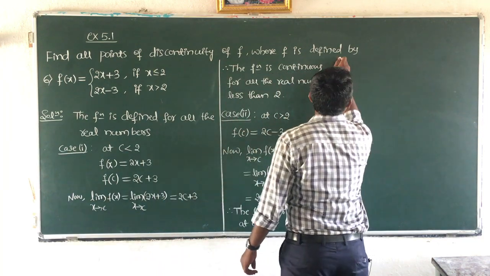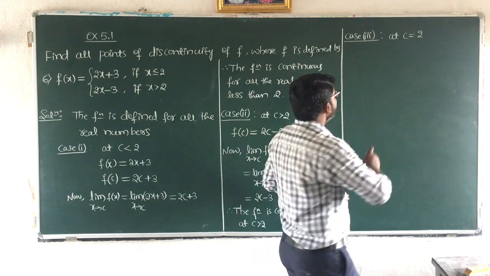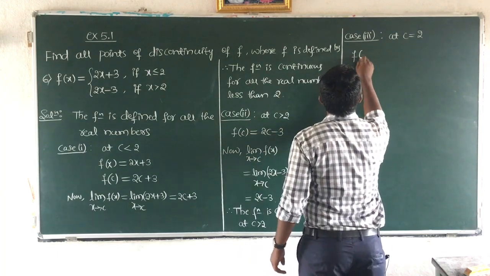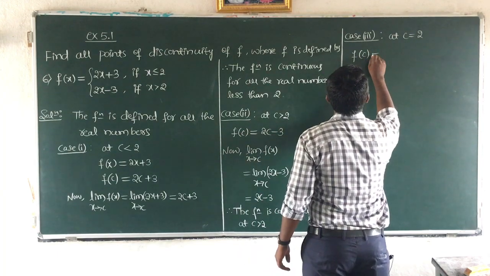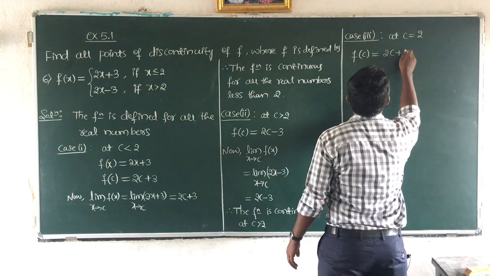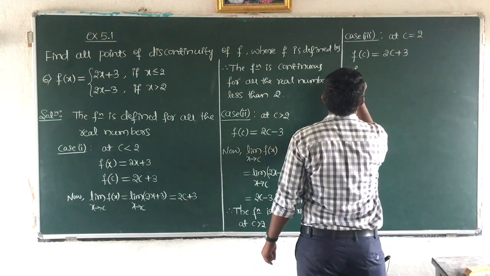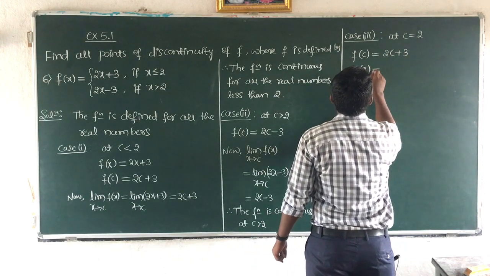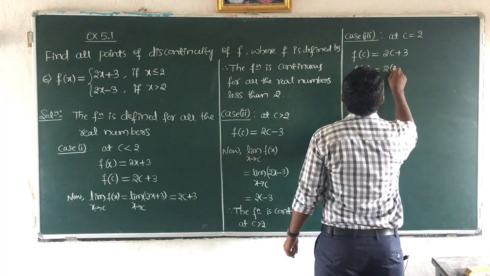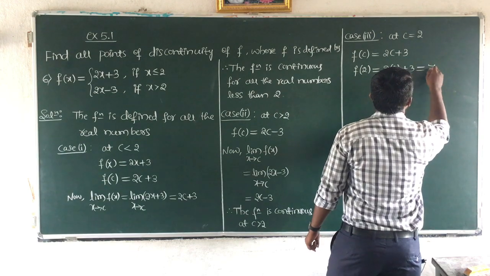Next, let us go for case 3, at c equal to 2. So what is f of c now? F of c is 2x plus 3, that is 2c plus 3. What is c now? It is 2. F of 2 is equal to 2 into 2 plus 3, so it is 7.